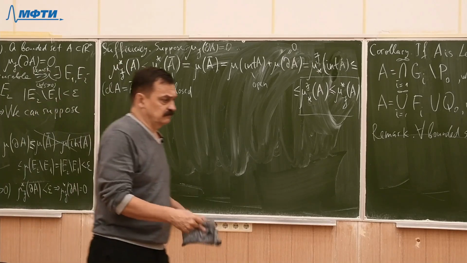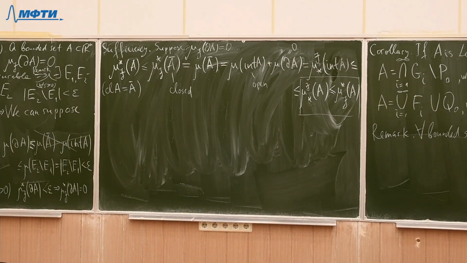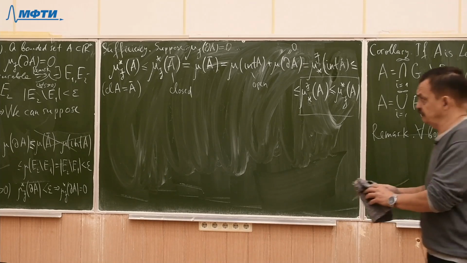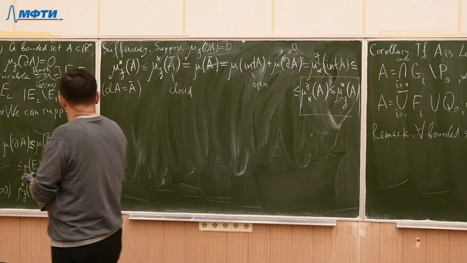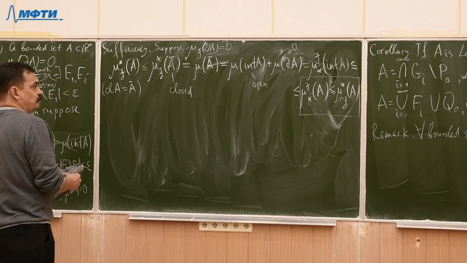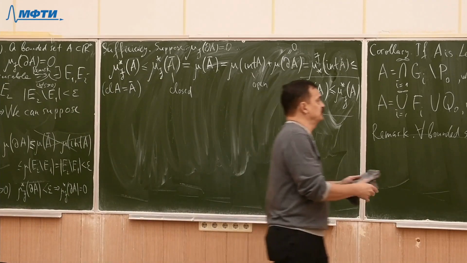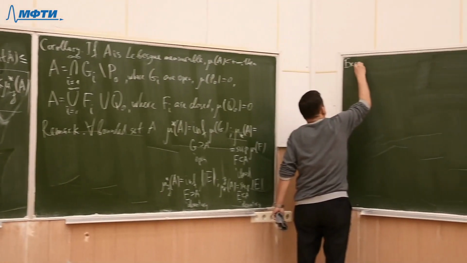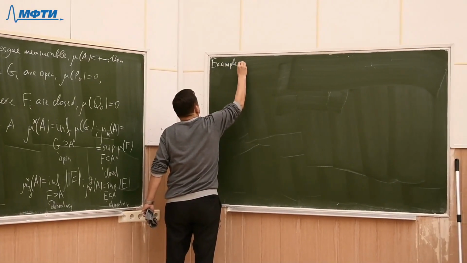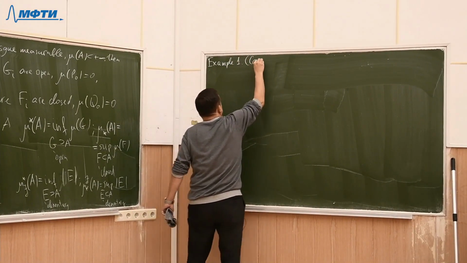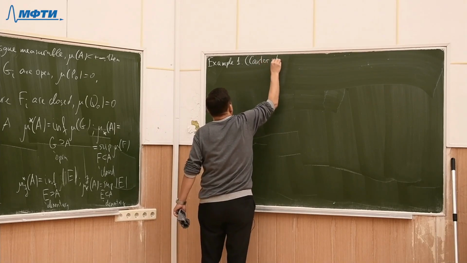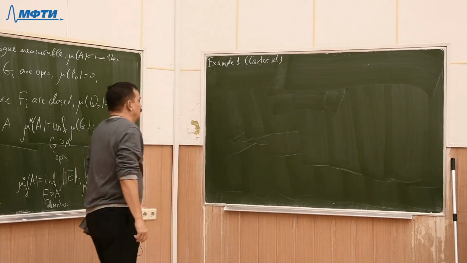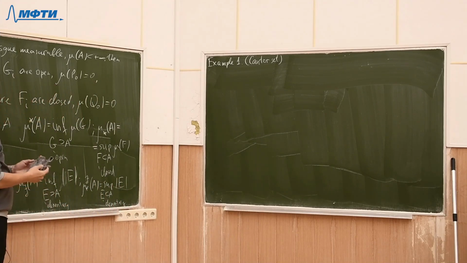Okay, now I would like to consider a couple of examples, and a very important example. Let me give it here. Example 1. Cantor set. That is a rather famous set.